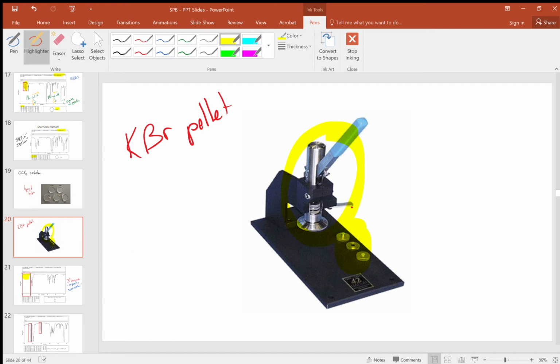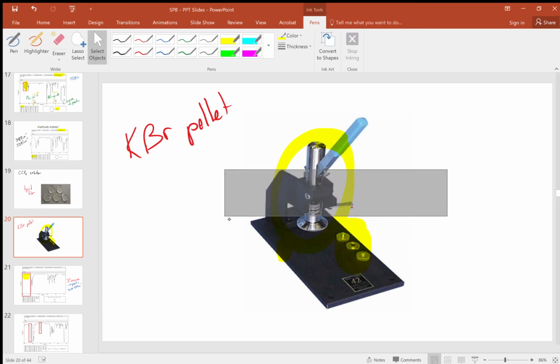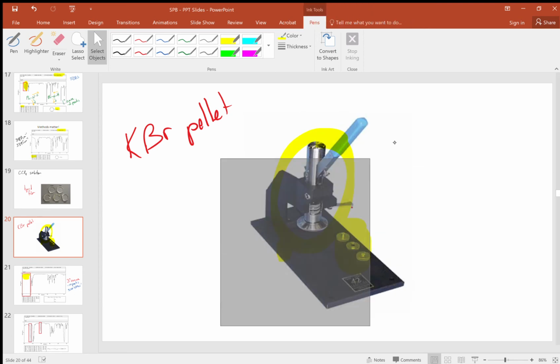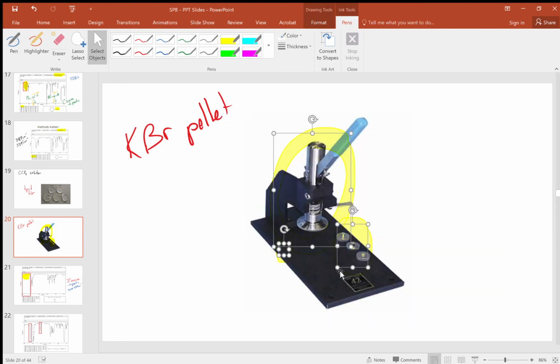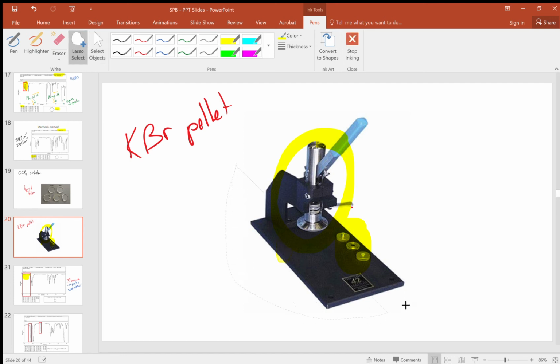If you crank on the KBr press too much though, you'll get a hole in your KBr pellet, and then it's also equally useless. So a lot of people don't like KBr pellets. I'm included in that crowd, and if I never run one again, I'll be perfectly content with that.